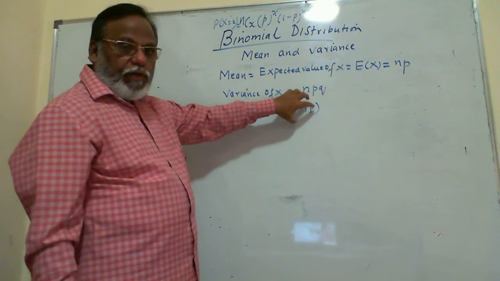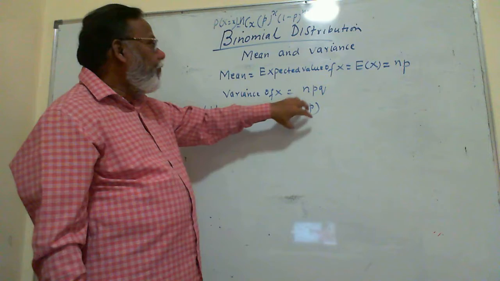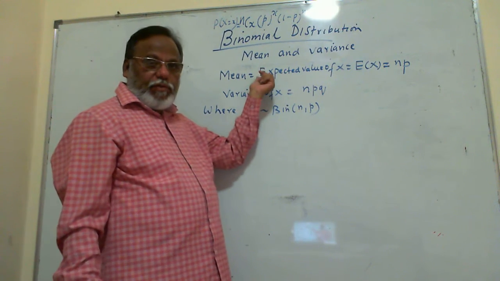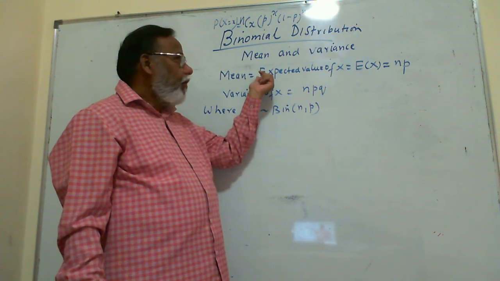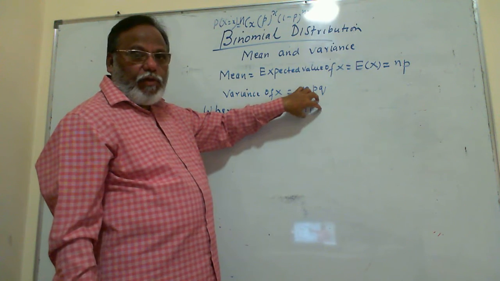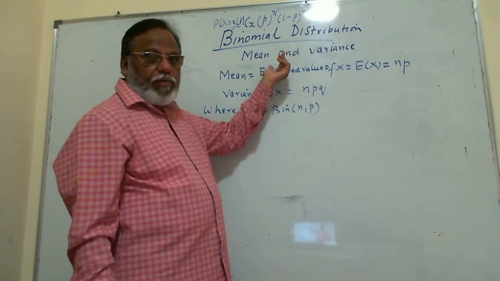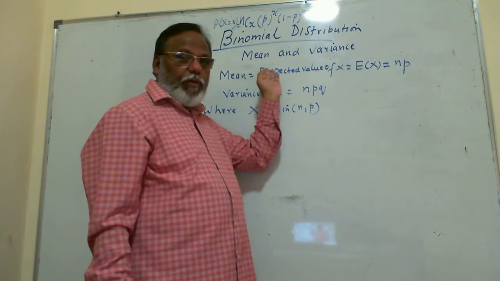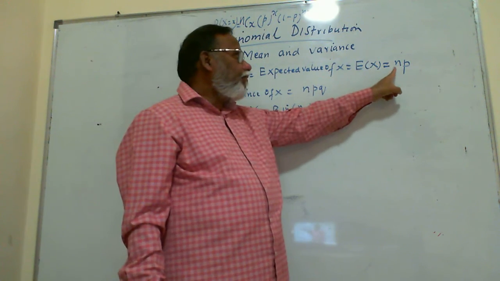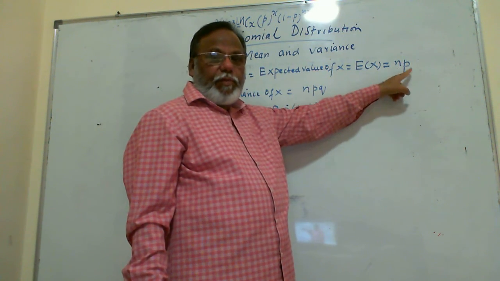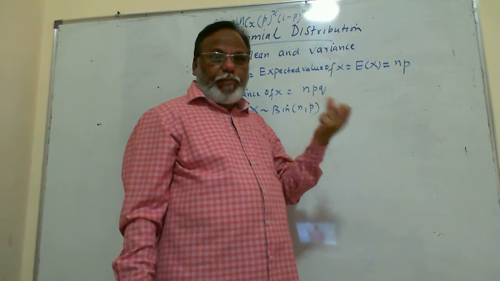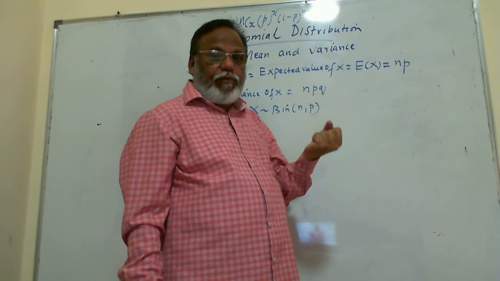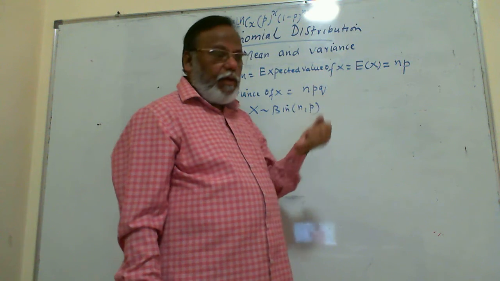If you know the distribution, how do you find the mean of that distribution? This is very simple. You just multiply n with p, and you will get the expected value or the mean value of this distribution.